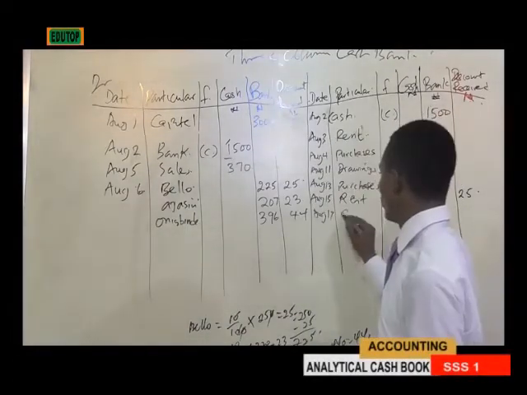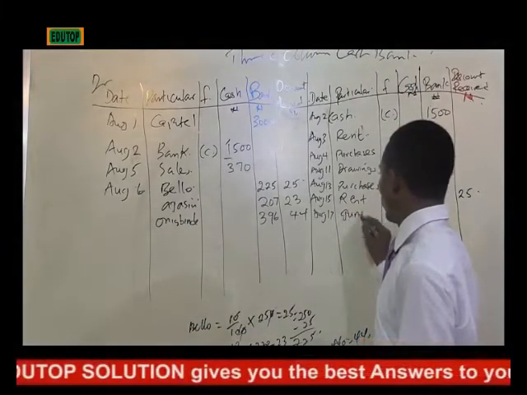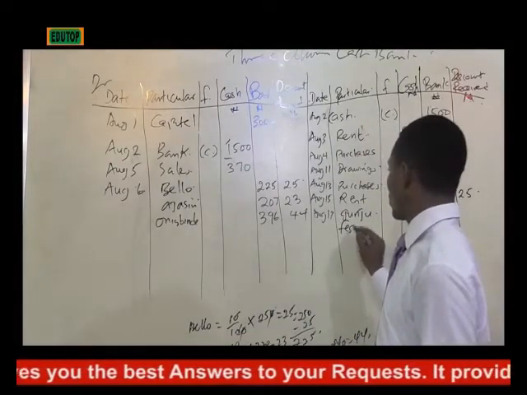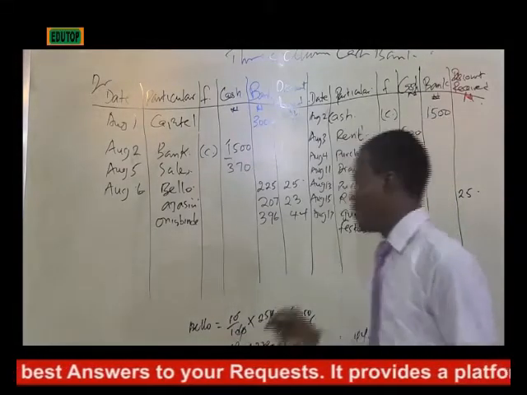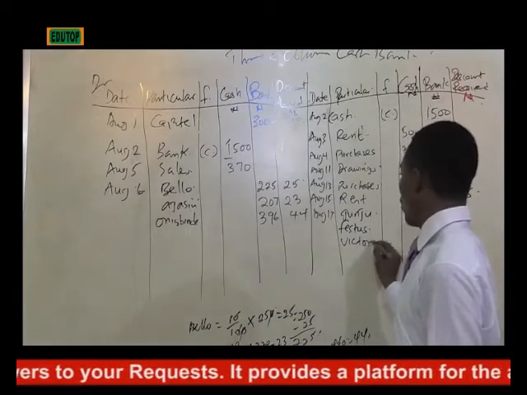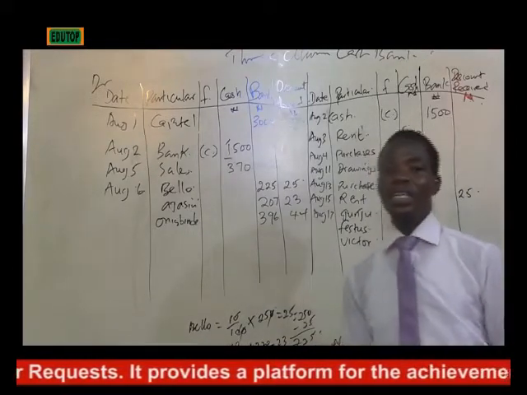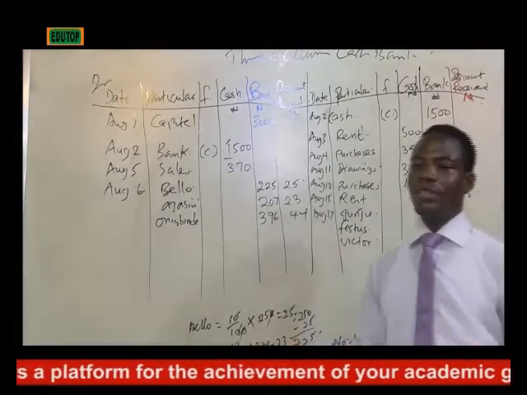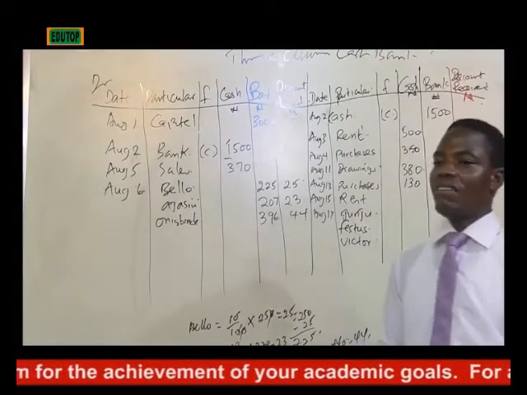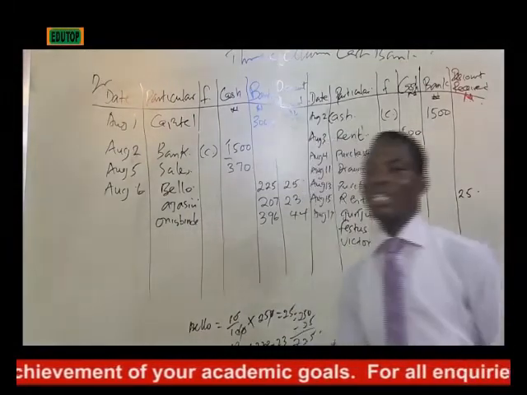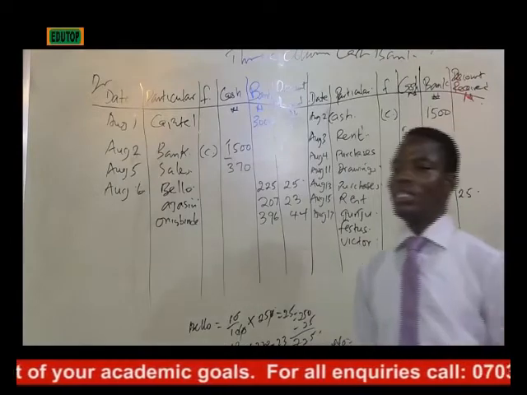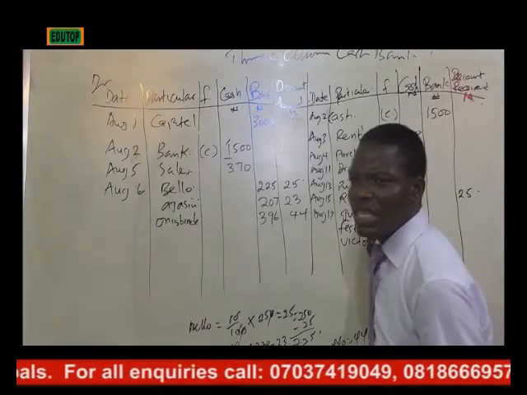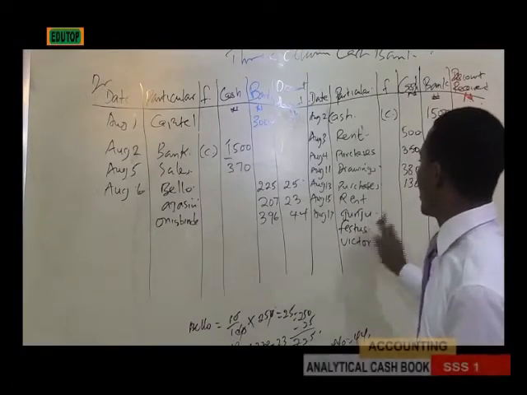We paid Gunju, we paid Festus and Victor. So maybe it might be from the purchase transactions that were made by them. So they have to pay their seller. So now they give them 5% discount. That means Gunju is supposed to pay 100 naira, but he's not going to pay 100 naira again.